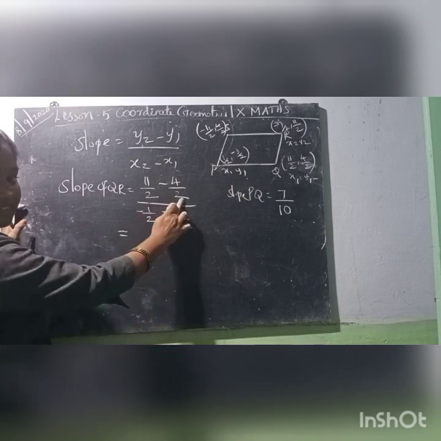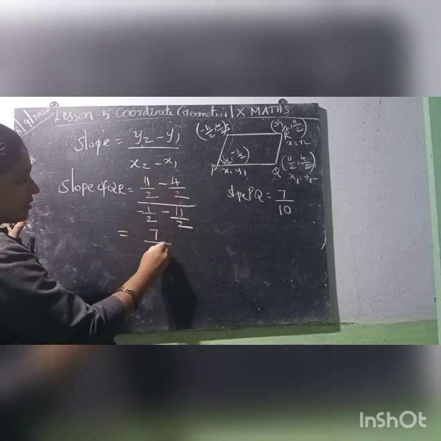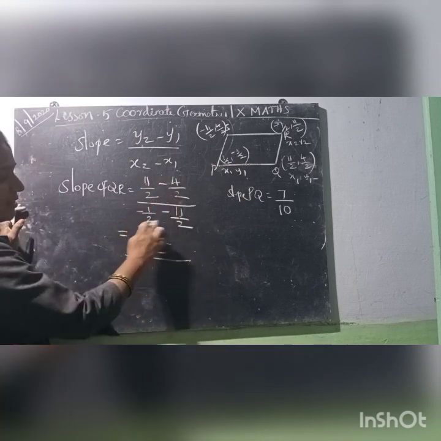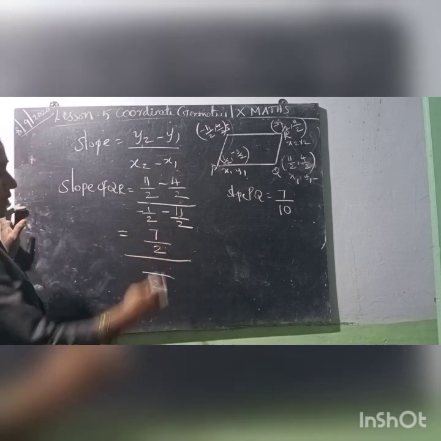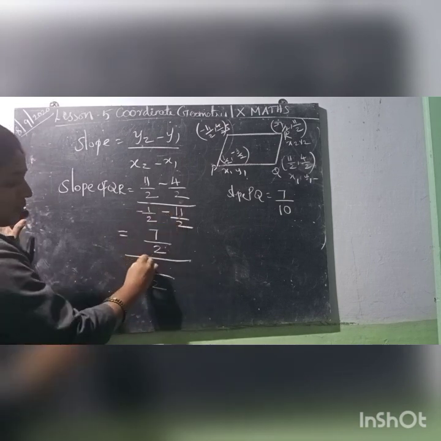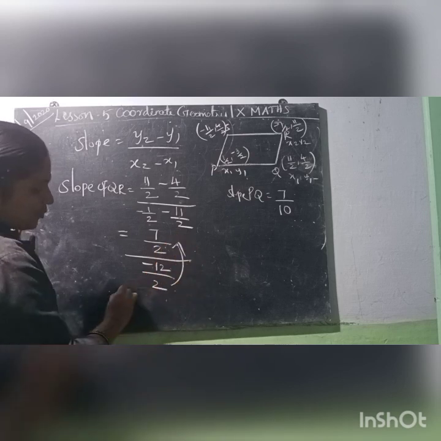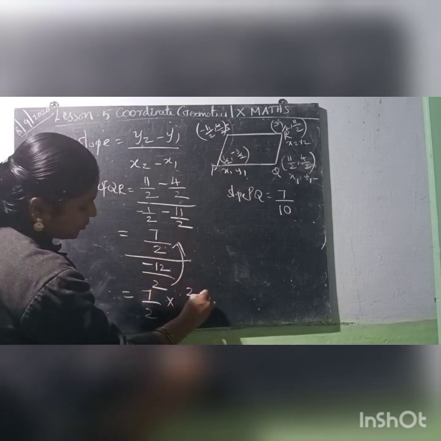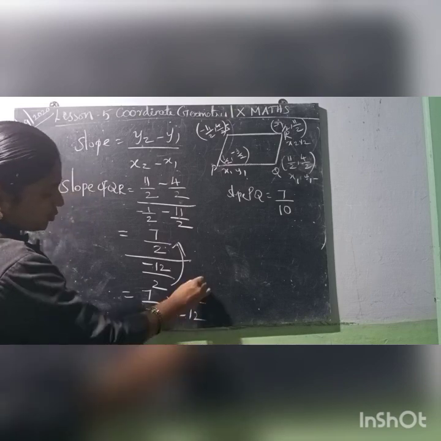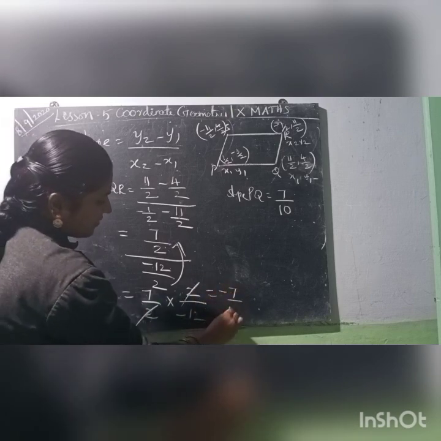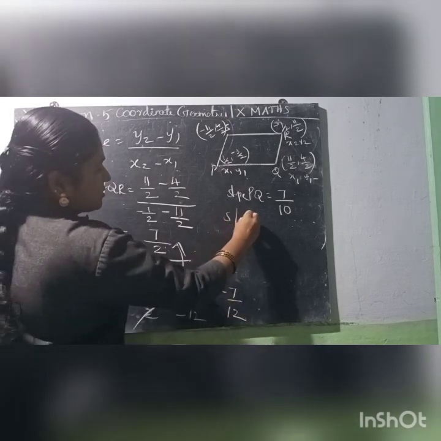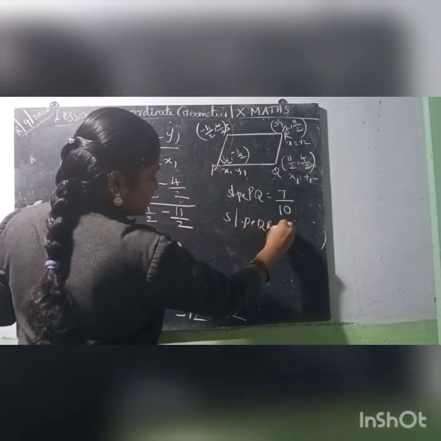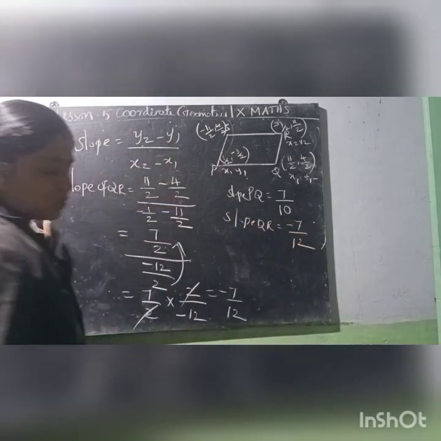Now the denominator is same, so 11 minus 4 is 7, 7 by 2. For the denominator, same sign so we add: minus 12 by 2. Take reciprocal. So 7 by 2 into 2 by minus 12. 2 cancel. So now minus 7 by 12. So we got slope of QR is minus 7 by 12.